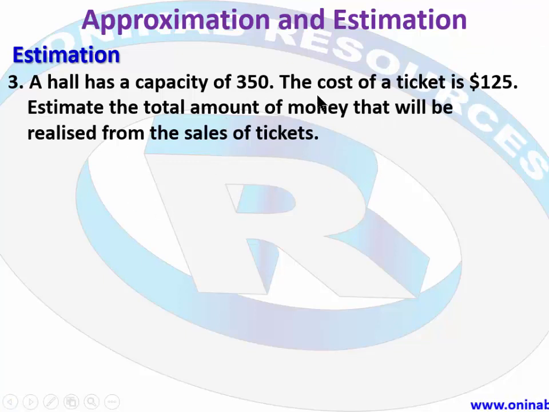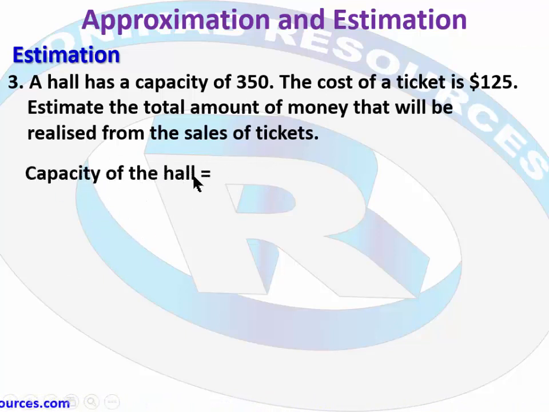So if the hall is to be full and each ticket is $125, we are to calculate the total amount of money that will be realized. We are going to round off these values and get the total amount of ticket sales as an estimate.